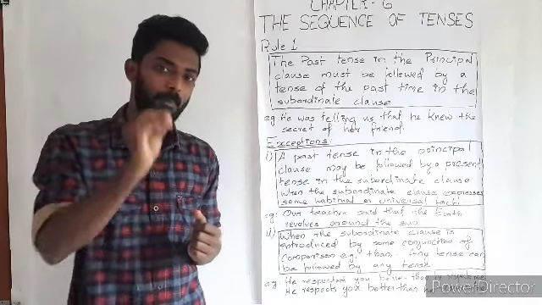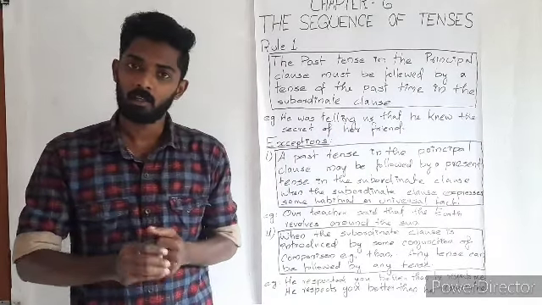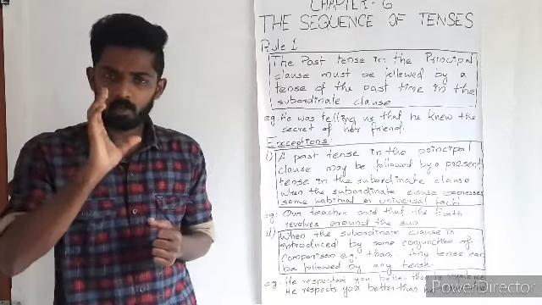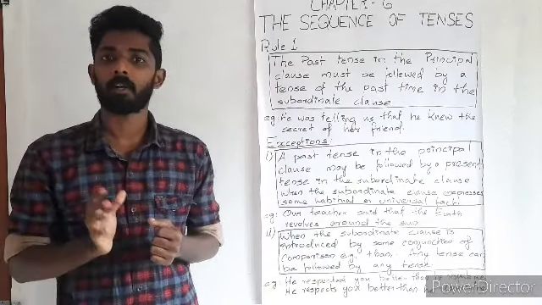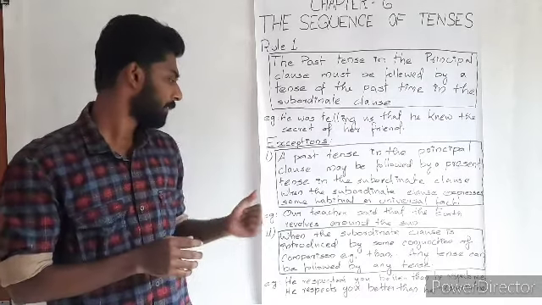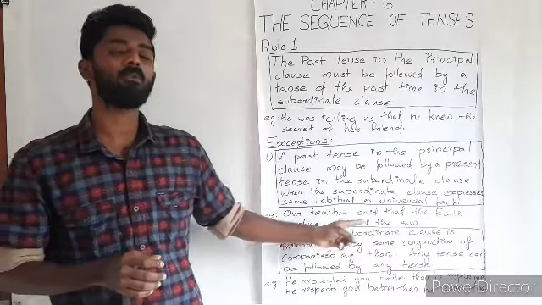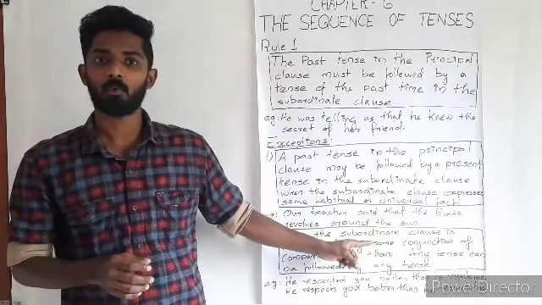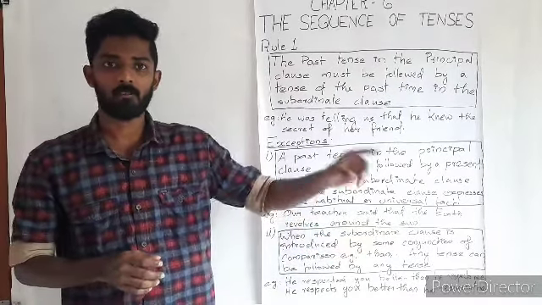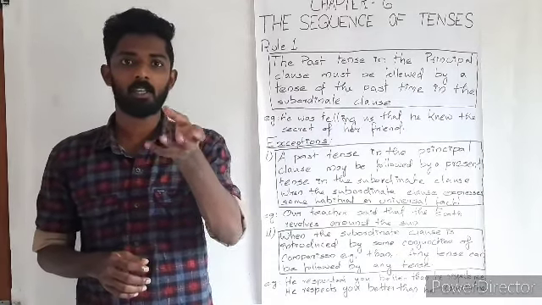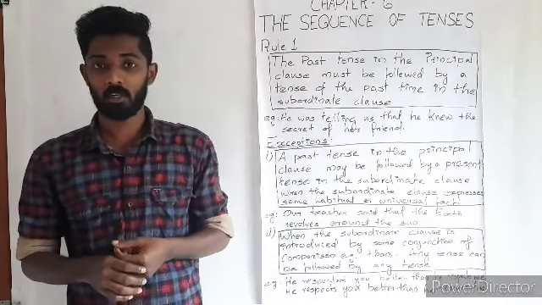But in the principal clause, it will be past tense, and in the subordinate clause, it will be present tense. That is why it is said, our teacher said that the earth revolves around the sun. So here the past tense in the principal clause may be followed by a present tense in the subordinate clause.